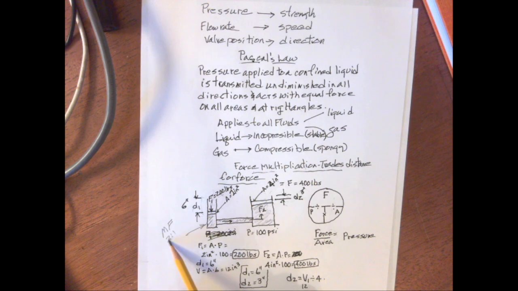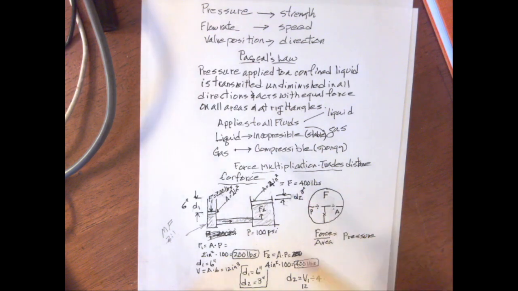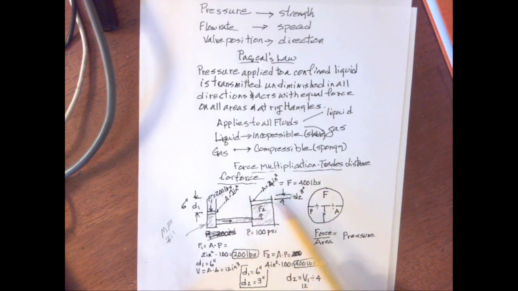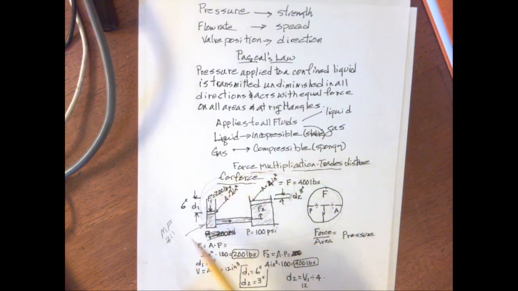So that's where the 2 to 1 multiplier comes in. But do you see that we had to sacrifice the movement of the actuator arm? We lost some distance. We gained a lot of force, twice the force as we put in, but we lost distance.